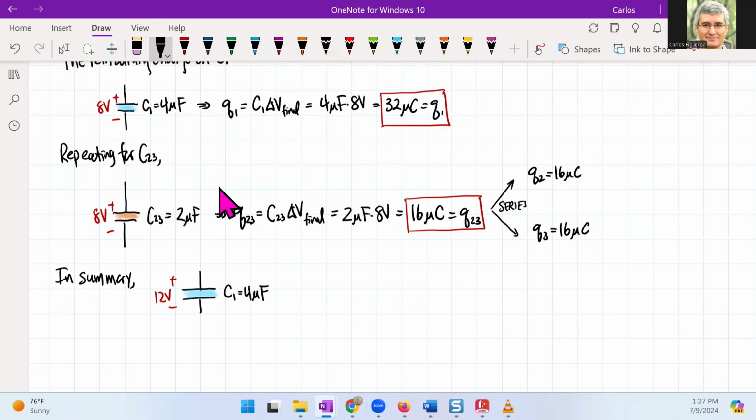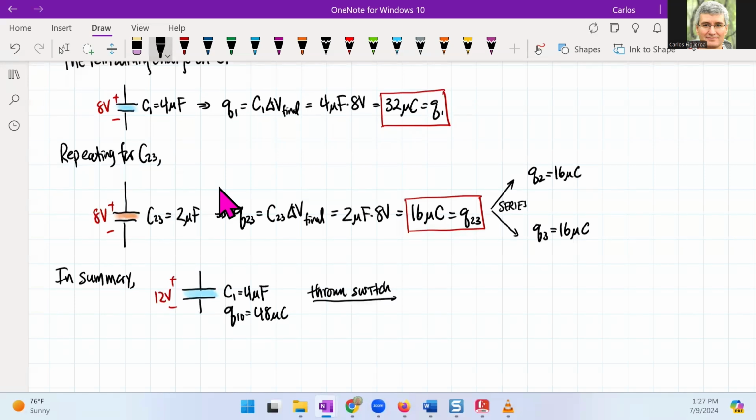And we know that it had some initial charge, I believe it was 48 microcoulombs. Now we have a thrown switch.